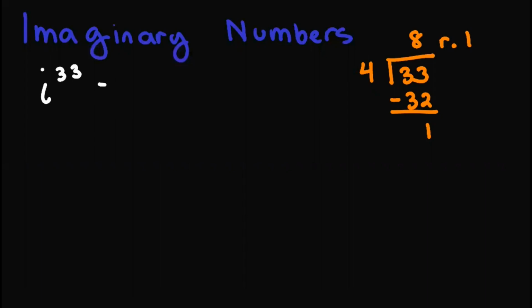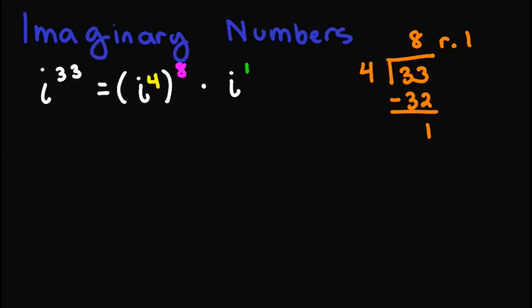So, we can write this one as i raised to 4, this one raised to the quotient 8, times i raised to the remainder, which is 1.